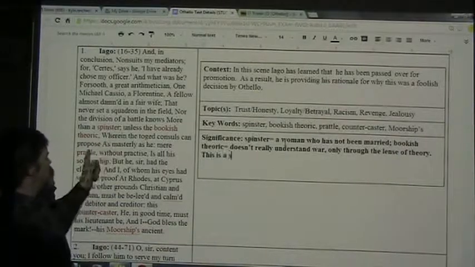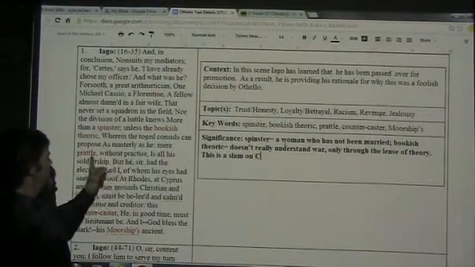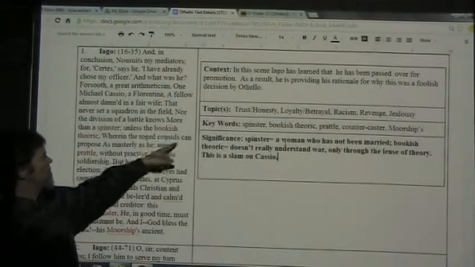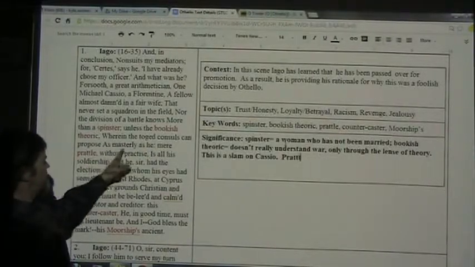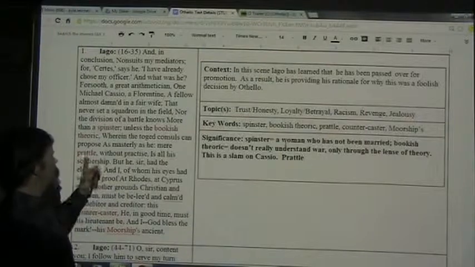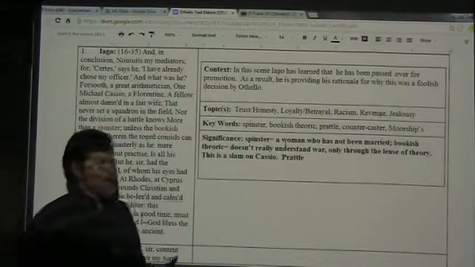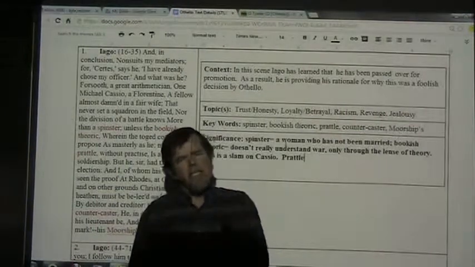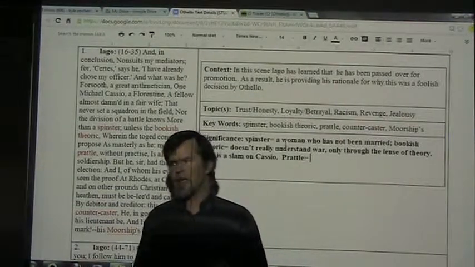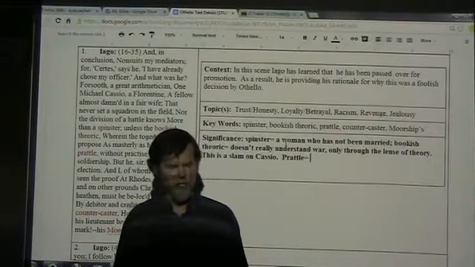Iago then goes on to use the words "mere prattle, wherein the togaed consuls can propose as masterly as he." Mere prattle. Again, prattle's not a word that we commonly use, but even in the sounding of that word, it sounds like meaningless, which is what prattle really ends up meaning.